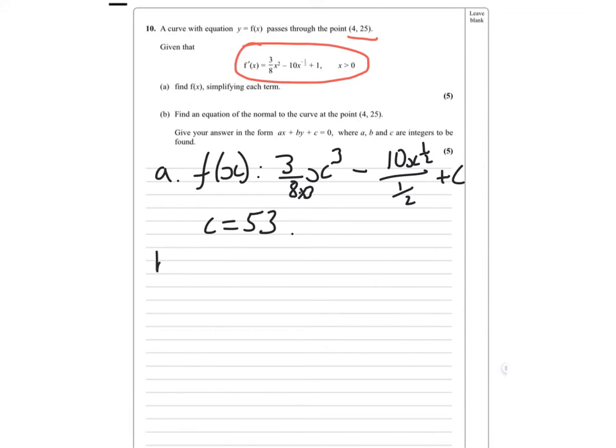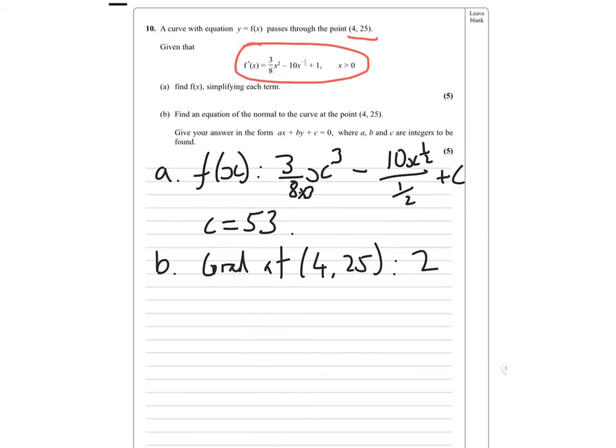Now for part B, it says find an equation of the normal to the curve at the point (4, 25). So you need to find the gradient at (4, 25) by substituting in 4 for x into f dashed of x. Alright, which should give you 2, I believe. I did that earlier.